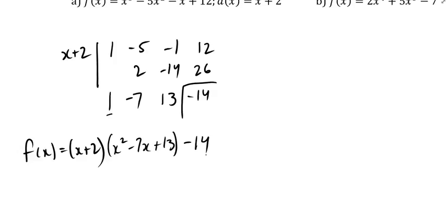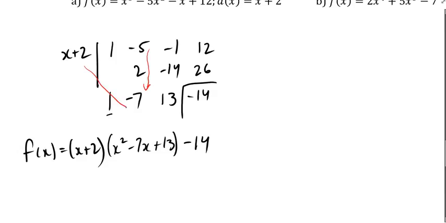Any questions about that? Let me go over it quickly again, just watch. And I'm recording this, right? So you can watch this online later if you need to go back over how to do synthetic division. I bring down that first one, just bring it down. Then I multiply 2 times 1 to give me the 2. Then I subtract 2, negative 5 minus 2 gives me the negative 7.